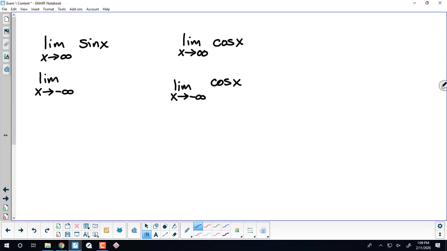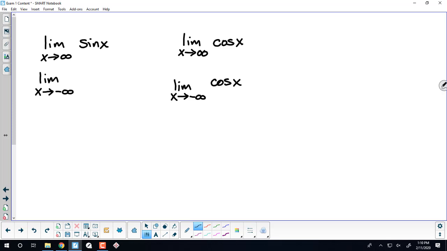So what would we say about these limits? They don't exist, or like they just continue?